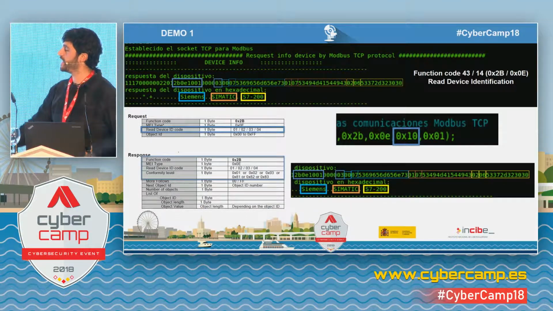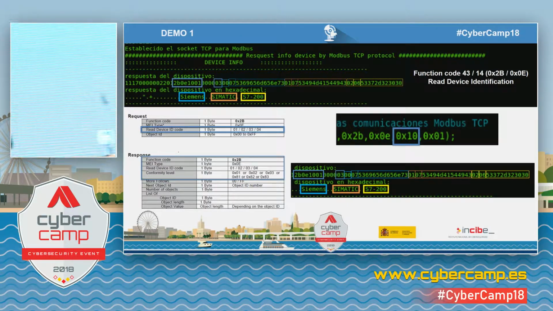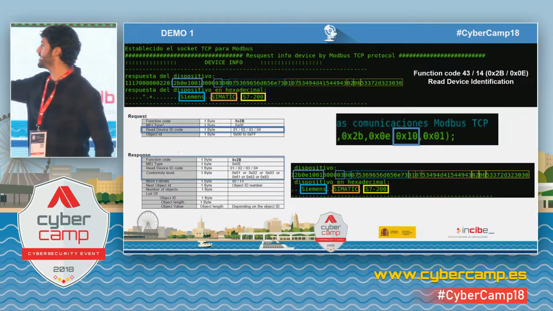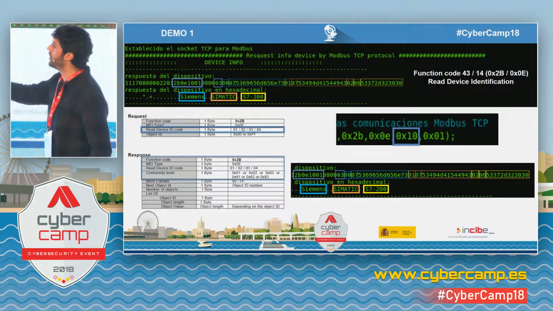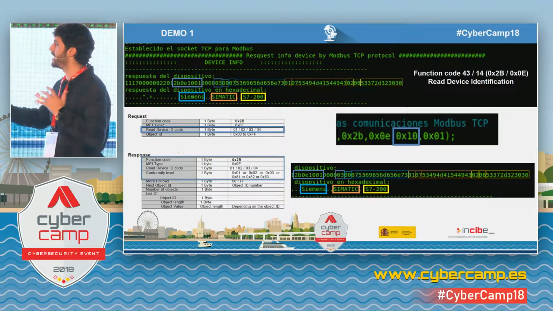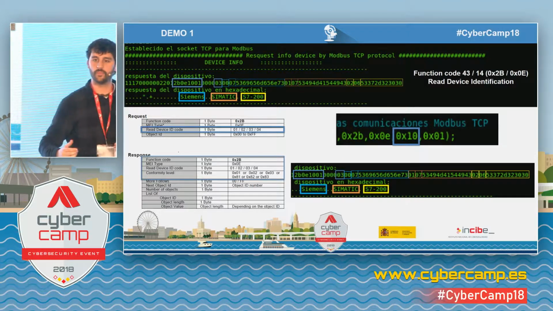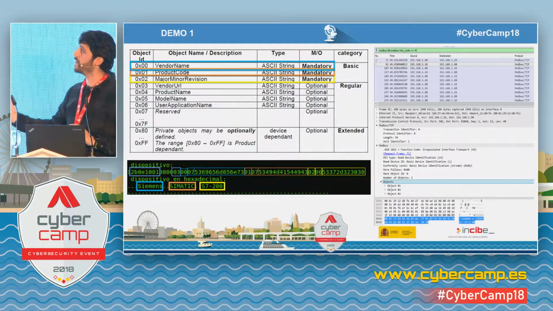If you have any doubt, you can ask me later. This is the answer. And here you see the objects, the IDs. There are 3 objects which are mandatory. And the conformity level, that shows you the way the protocol works and the answer you need to receive.